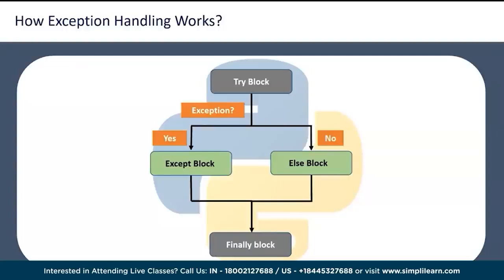As I said, you put the mandatory code in the finally block, generally the code essential to release the resources the program has consumed: CPU resources, memory resources, hardware resources. You have to release those in the finally block. You use the except block for capturing the error and throwing a meaningful message or doing any other logical operation, and the else block if you want to continue your program as is.